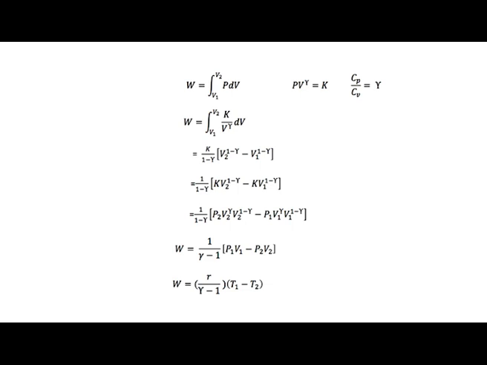By substituting the value of P in the equation, we get K divided by 1 minus gamma into V2 raised to 1 minus gamma minus V1 raised to 1 minus gamma.